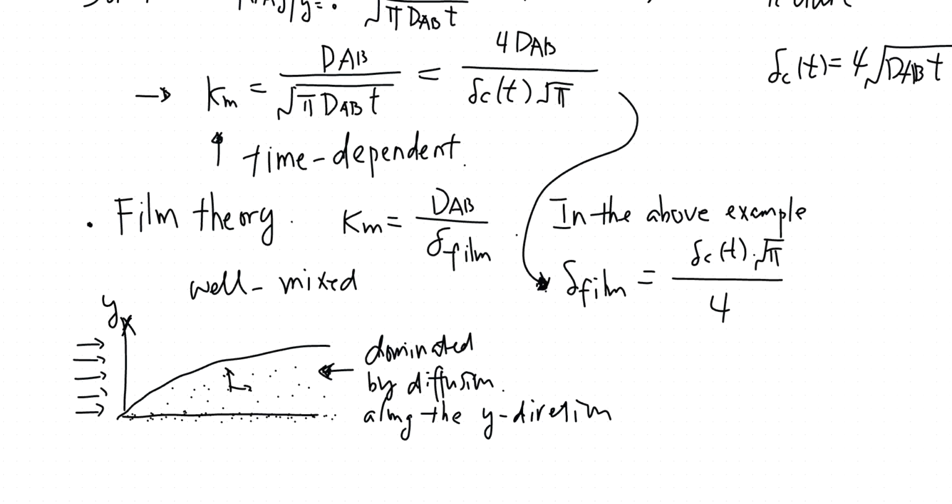So if you consider the flux along the y direction, then within the boundary layer, or the thin film layer, it is dominated by diffusion. The film thickness is a theoretical simplification. It doesn't mean it's easy to obtain delta film, but this is the film theory.